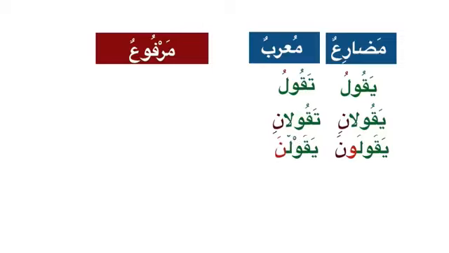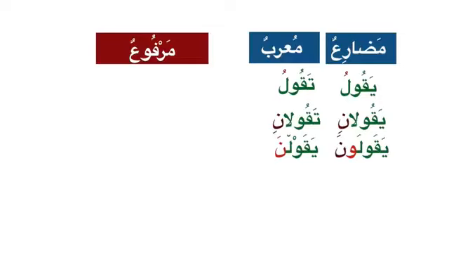So at hunna, again here what happens? In mudari' there are only two places where the mutaharrik pronouns come, and in the rest, the other 12, the pronoun is sakin or mustatir.